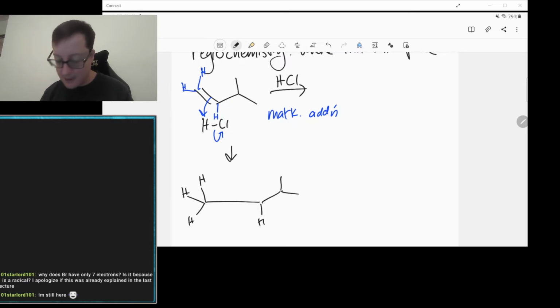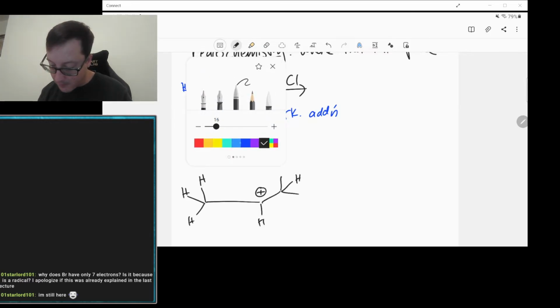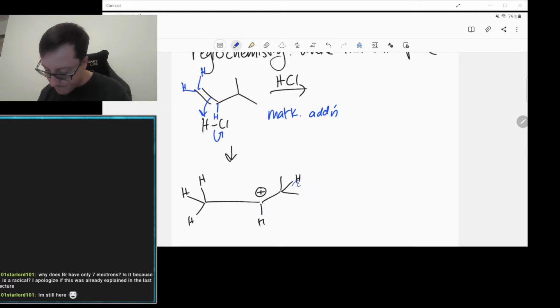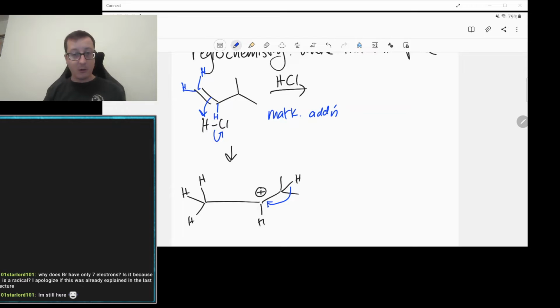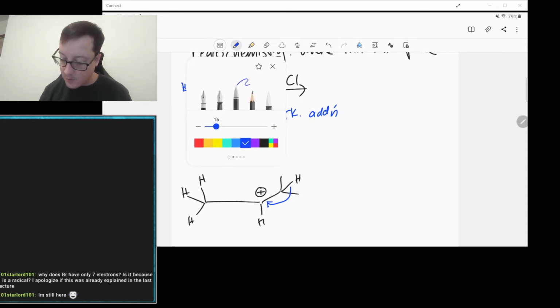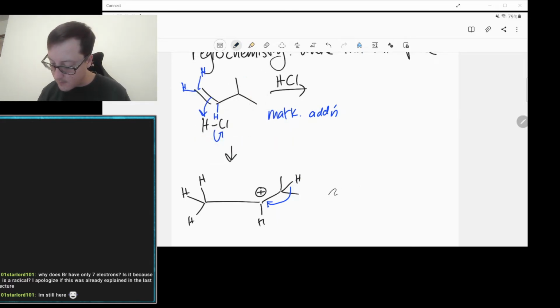Notice this carbon in the middle has only 3 bonds. We have a rearrangement now. Secondary carbocation next to tertiary one. That is prime time for a hydride shift, right? We love our hydride shifts.